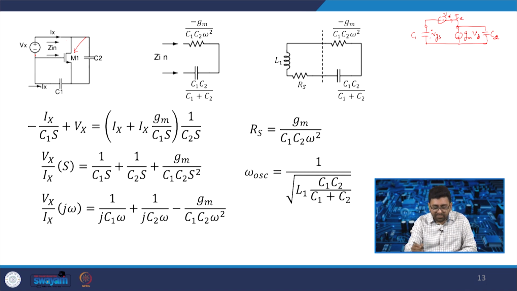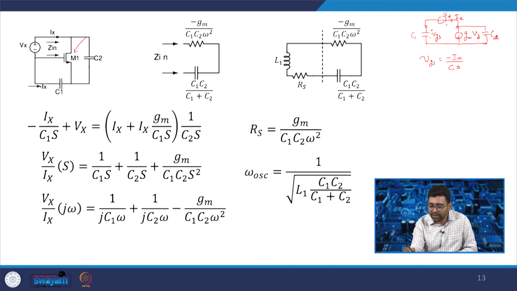So, we can write VGS equal to minus Ix by C1 S. If we see the Ix in this direction, then the reverse direction is flowing through the capacitor C1. So, VGS is given by minus Ix by C1 S.